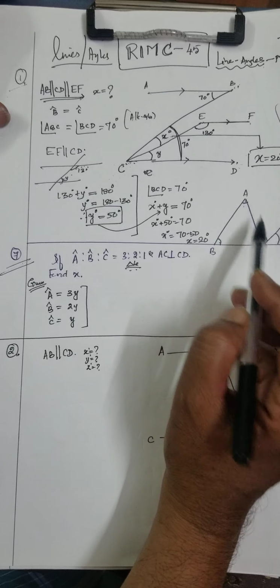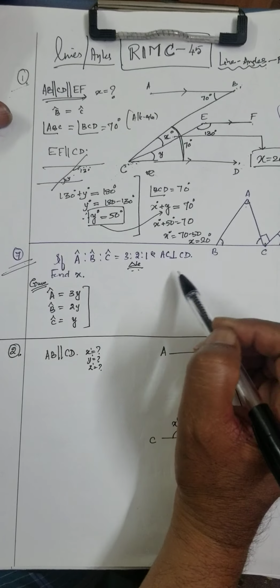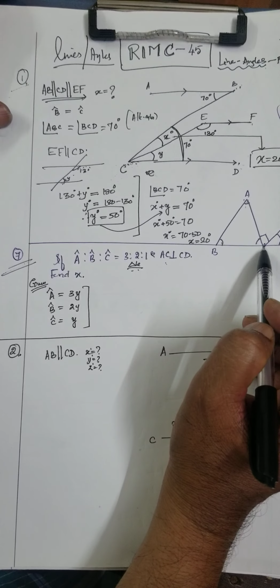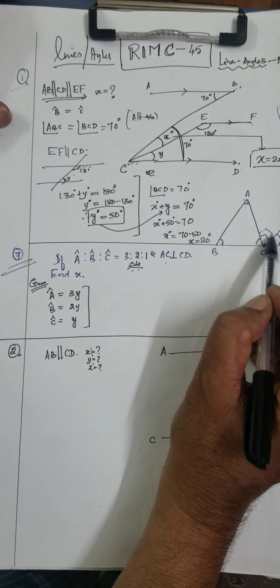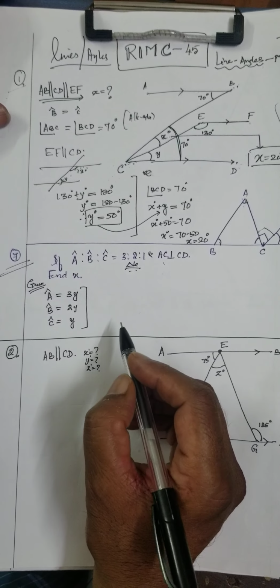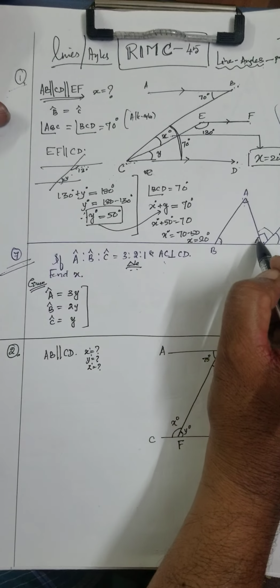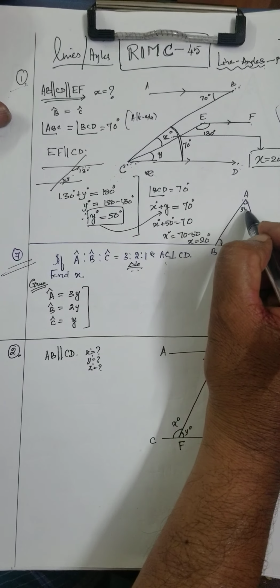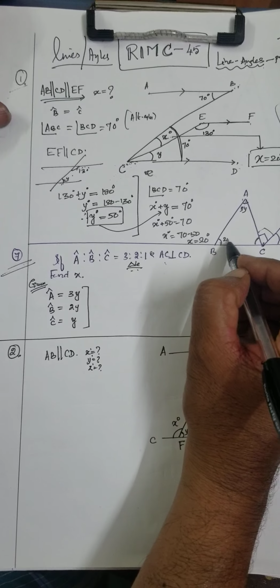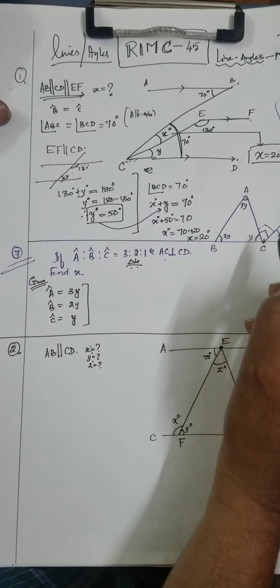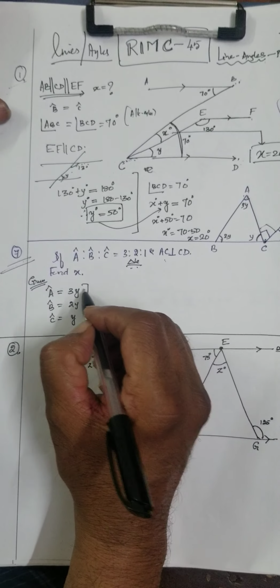And also ACD is 90 degrees. That is, AC is perpendicular to CD. This is 90 degrees. Find X. Now this is 3y, this is 2y, this is y, this is 90 degrees. First you find y.